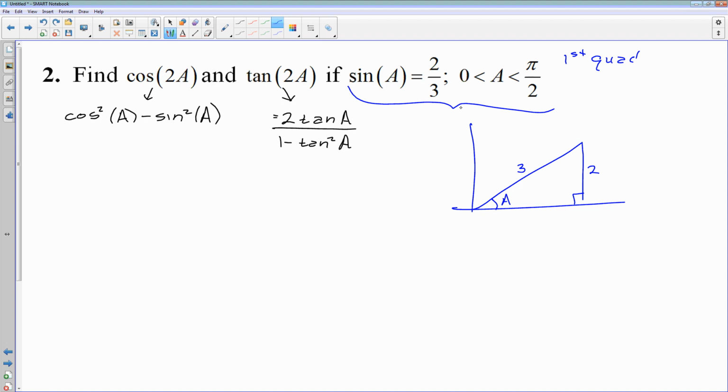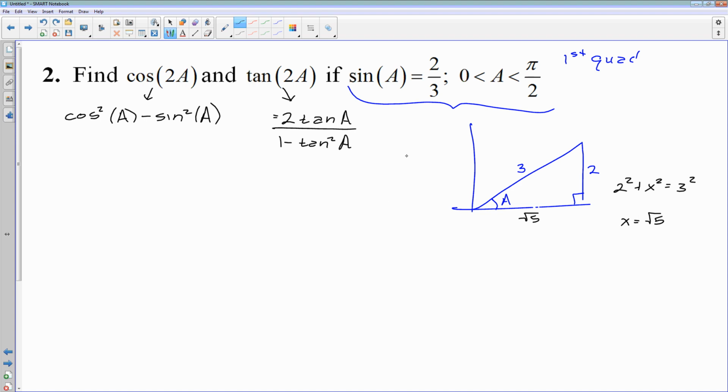And then we'll do Pythagorean theorem to get my third side. So I'll just call that x, and I know that 2 squared plus x squared is equal to 3 squared, and you get x to be the square root of 5. So my adjacent side ends up being square root 5.